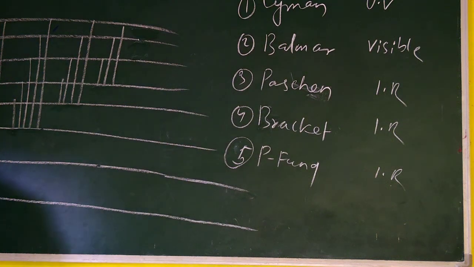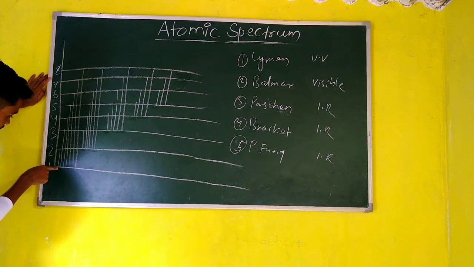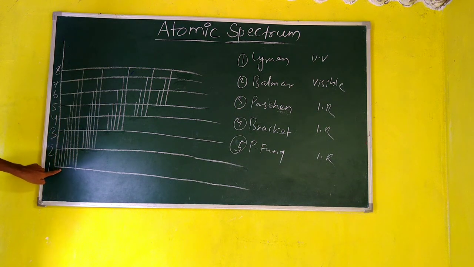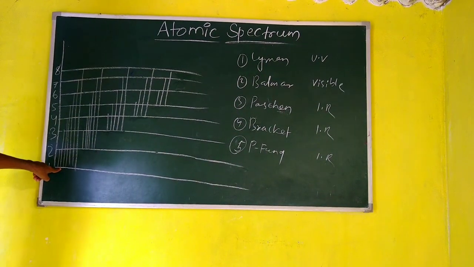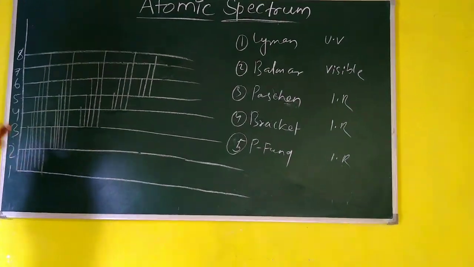And students, when an electron jumps from the second energy level to the first energy level, or the third energy level to the first energy level, some amount of energy is released in the form of radiation or electromagnetic wavelength.